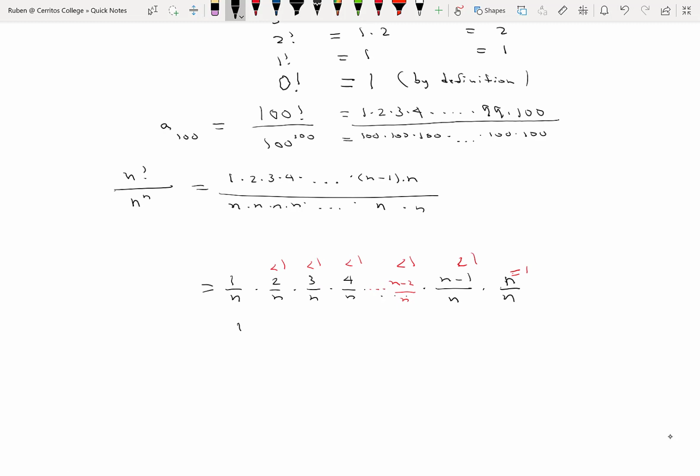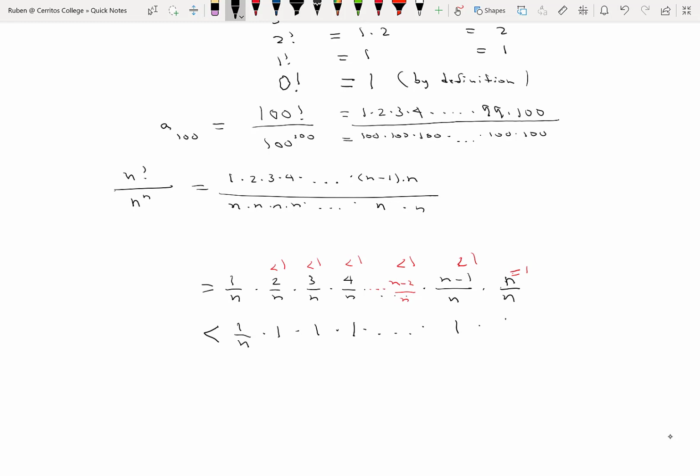So I'm going to leave 1 over n alone, and it doesn't change the value of the general term, but as soon as I replace 2 over n with 1, I've created something that's less than the original general term. And I'm going to do that with all of the factors between 2 over n and n minus 1 over n.